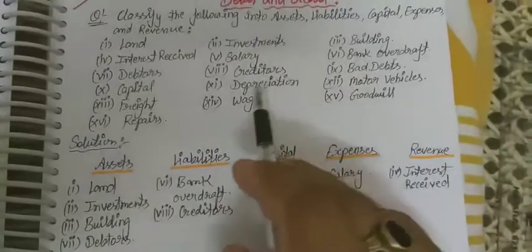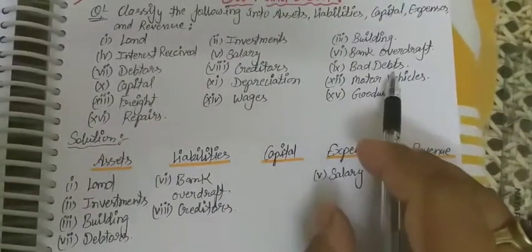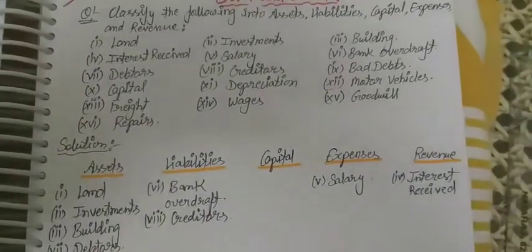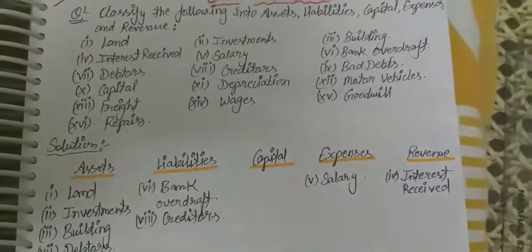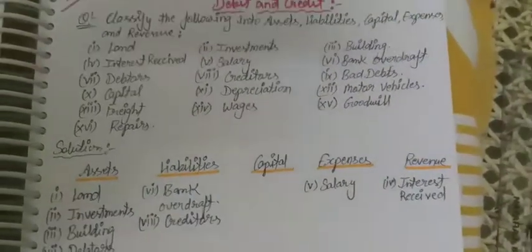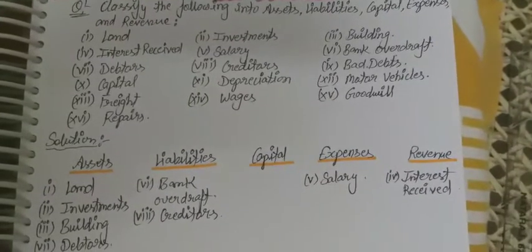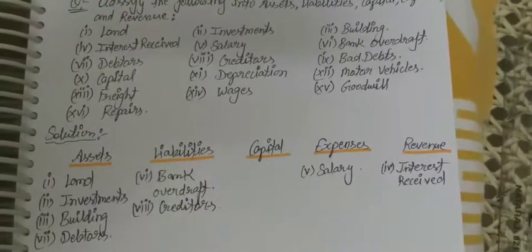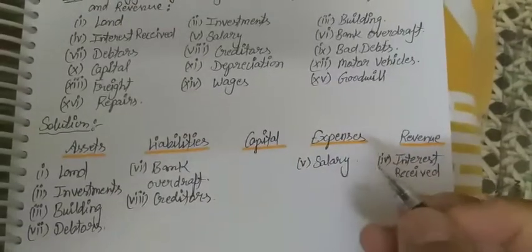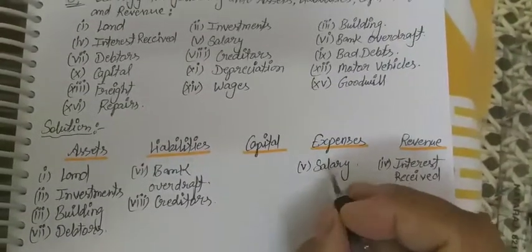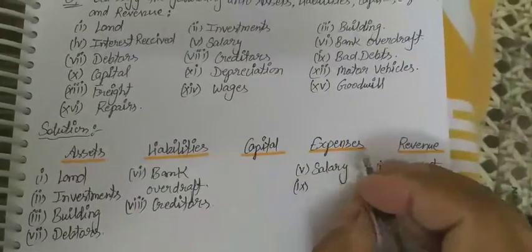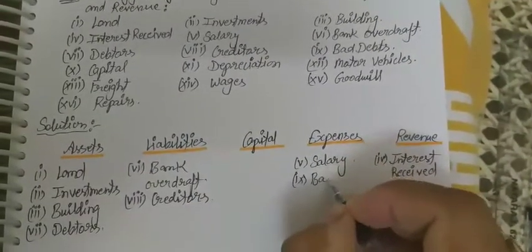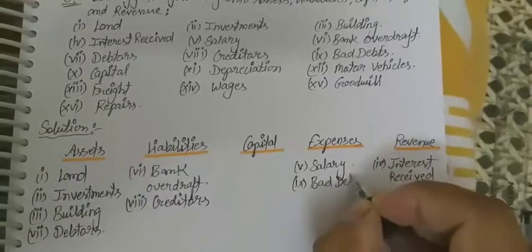Okay. Next one is bad debts. Bad debts is that amount which we have to receive from debtors, but they did not pay. So it is a loss for the business, and if it is a loss, it will be considered as expenses. So bad debts.